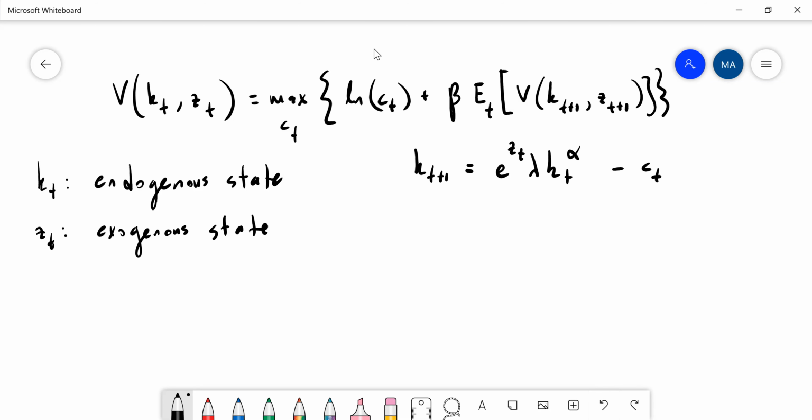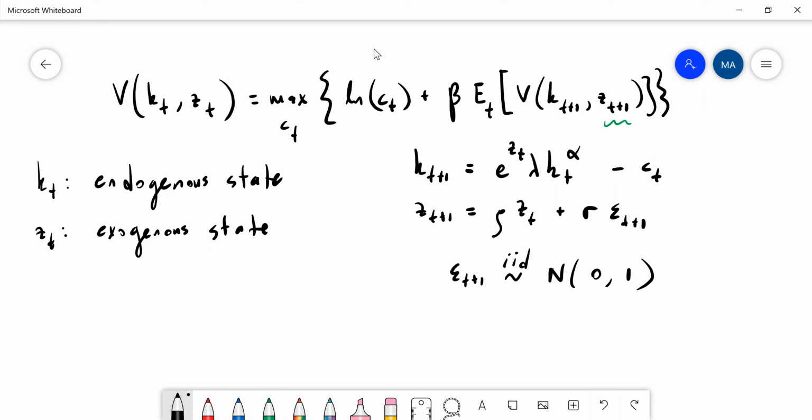But the continuation value will depend on ZT plus 1, and ZT plus 1 depends on epsilon T plus 1, and epsilon T plus 1 is a standard normal. Now, there are a couple of things you can do depending on the model you have.